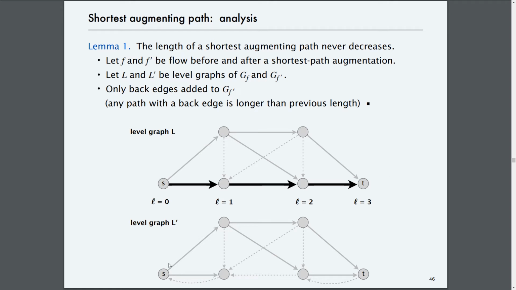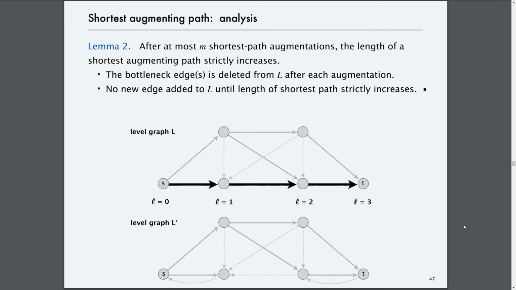However, there are cases like here where we still have another shortest path of the same length, so we could take that next. But if you do these augmentations at most m times, then the length will strictly increase.